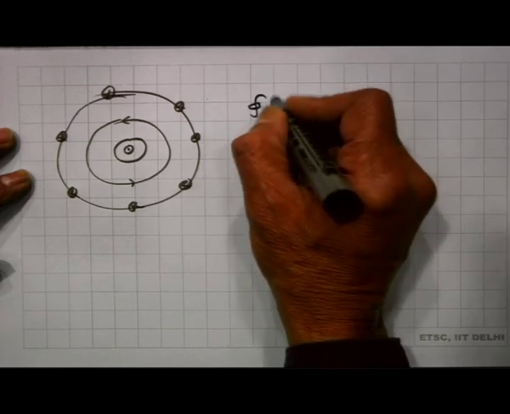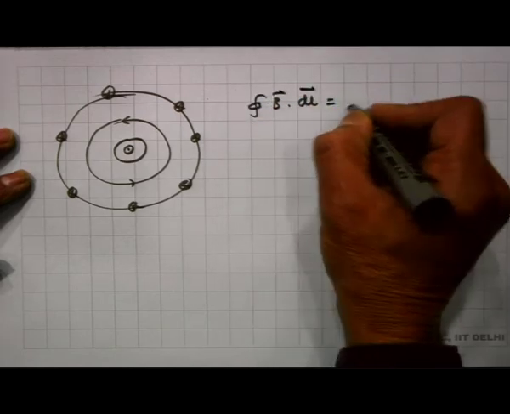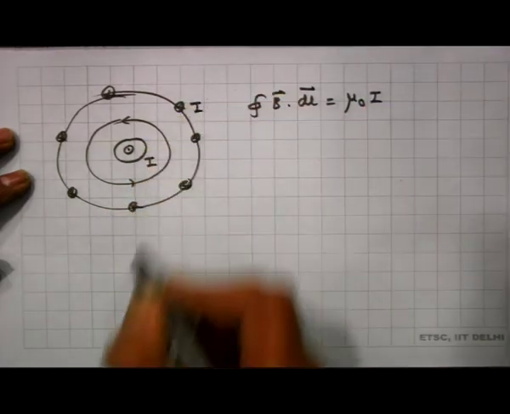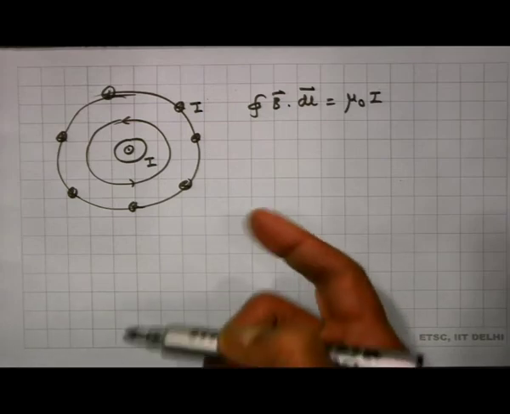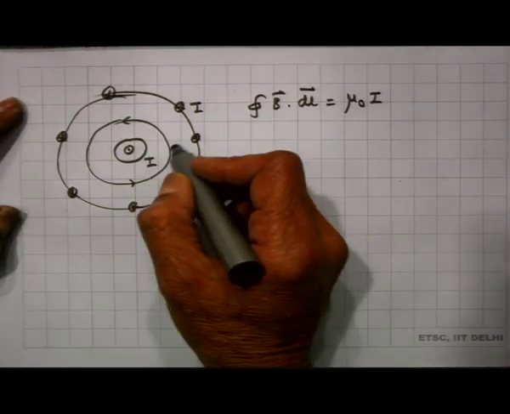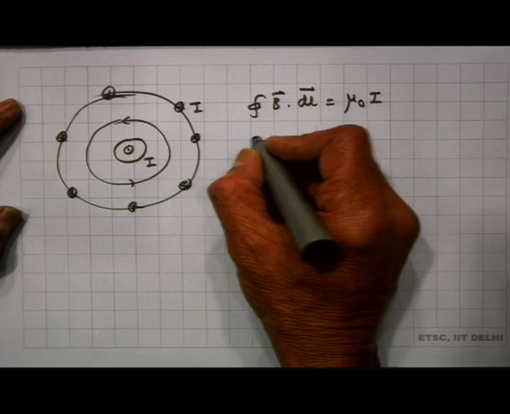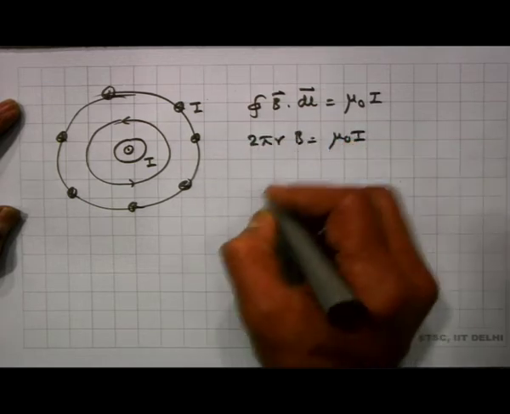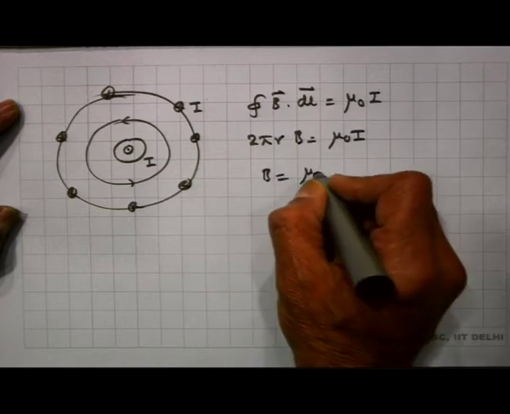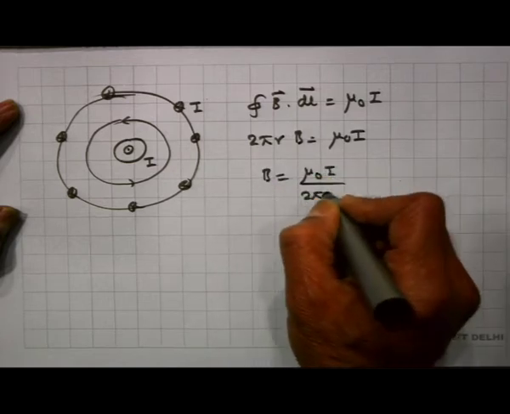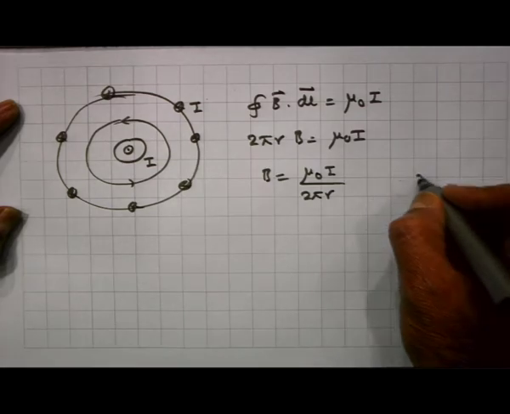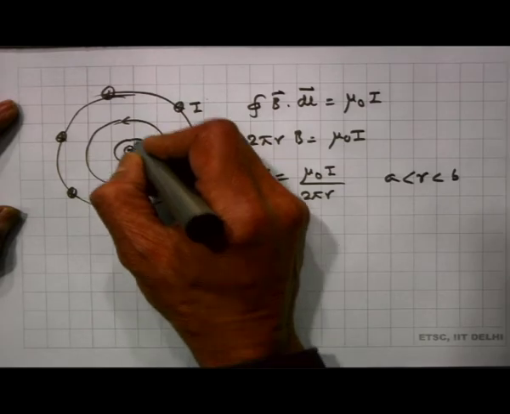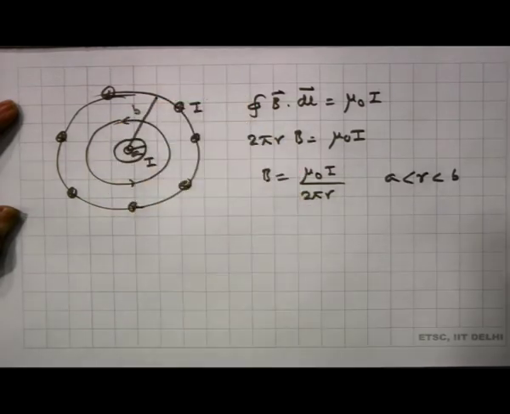So, the integral of B dot dl is nothing but mu naught I, the current carried by the inner conductor. Again, because of symmetry, this is 2 pi r into B, and the magnetic field happens to be mu naught I by 2 pi r. This is for r greater than a, less than b. So, this radius is a, this radius is b.